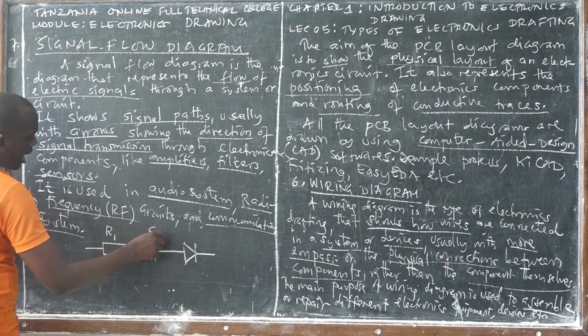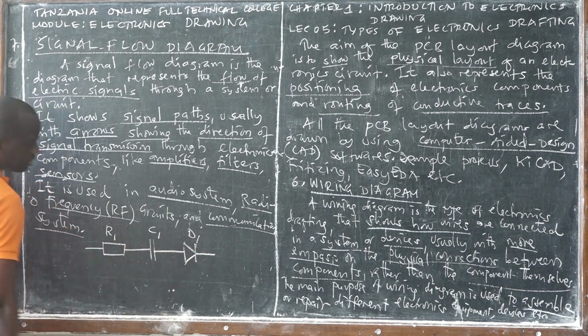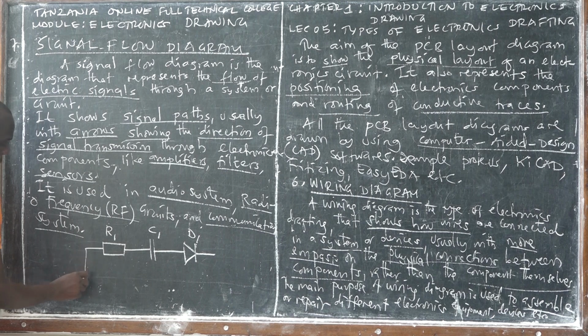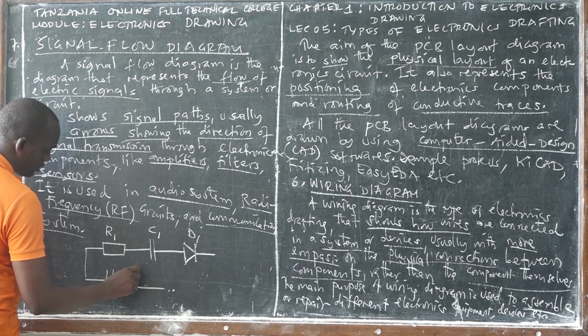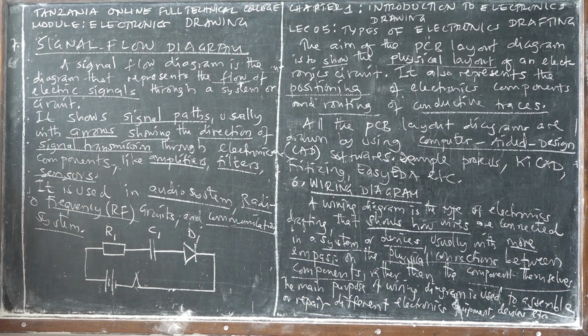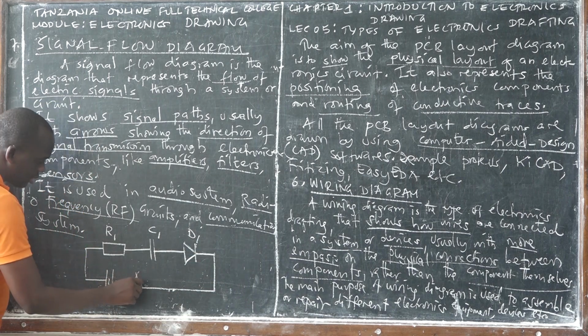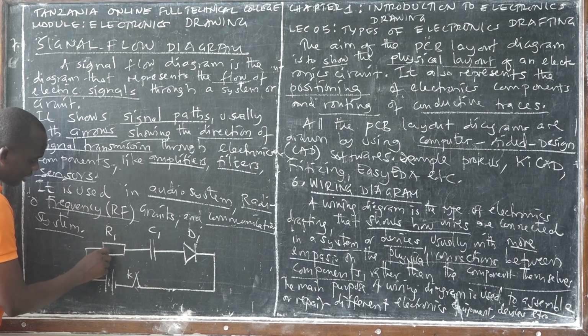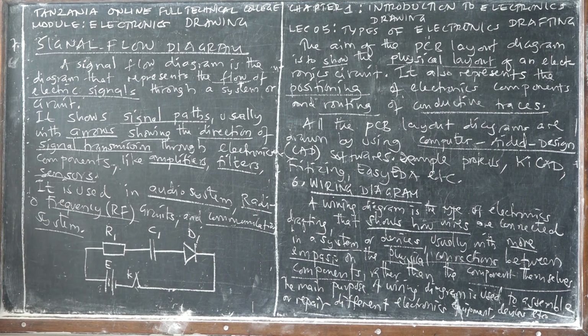This is capacitor 1, for instance. Then we can have a DC source. Then maybe you can have a switch. This is switch K, and this is the cell, or the battery.